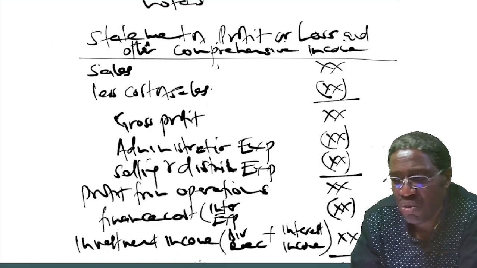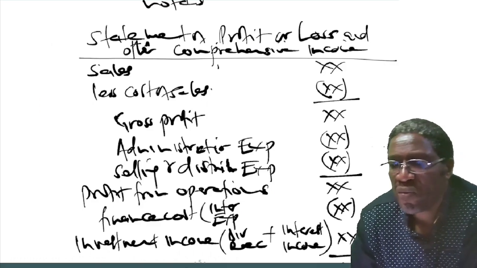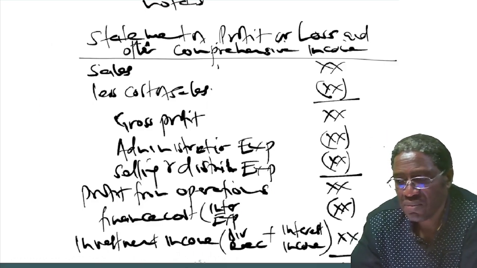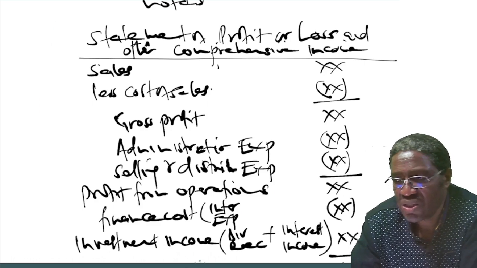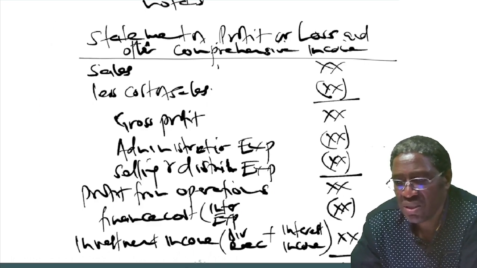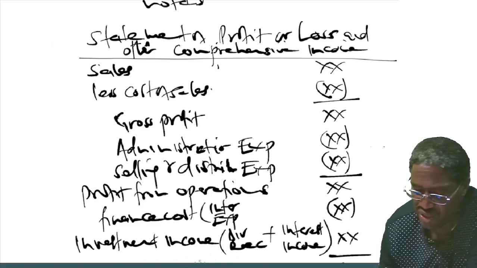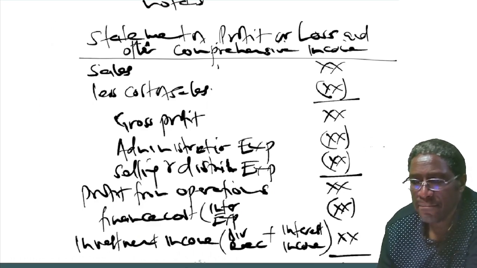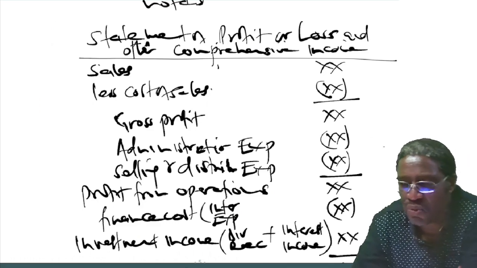Then we can now copy the format where you start with the sales. Then you come to cost of sales. You less cost of sales to get the gross profit.